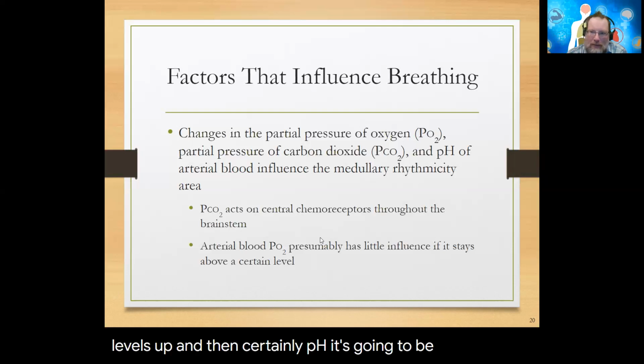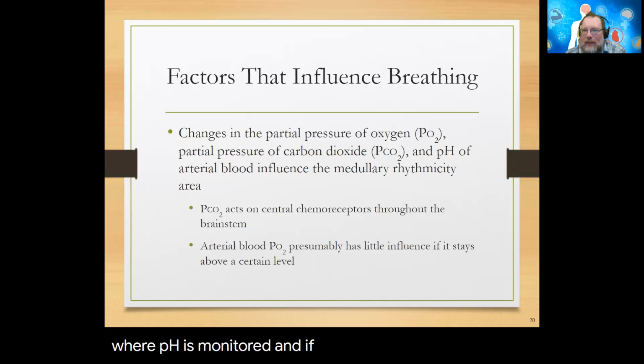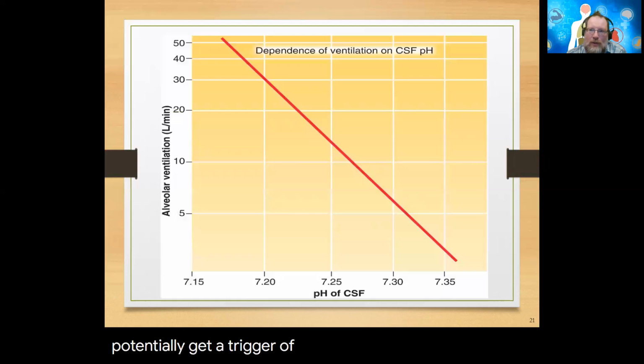The kidneys monitor pH. We're going to see other areas where pH is monitored. And if we see pH in the acidic range, so anything in the blood lower than 7, we're going to potentially get a trigger of ventilation or respiration to occur.